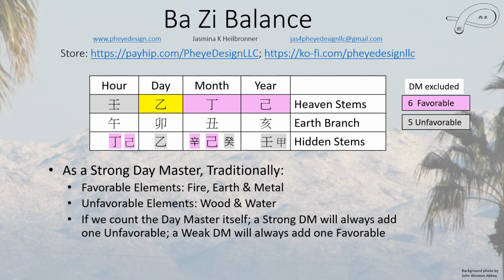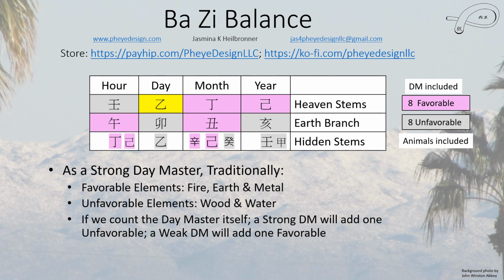And if you have a weak day master, it will always add 1 favorable element. So if I include the day master, it's 6-6. Totally equal. If I include the animal signs, I happen to have, again, a blend of these. So it's 8 favorable, 8 unfavorable.